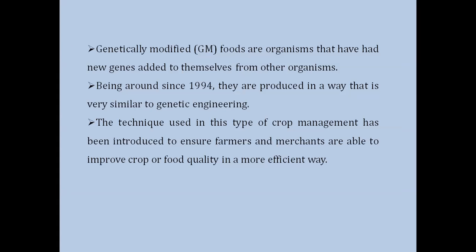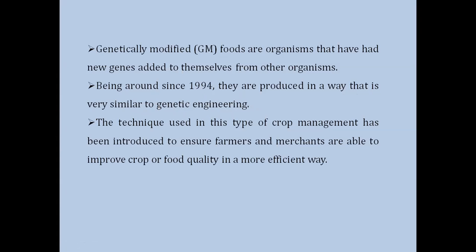GM foods are organisms that have new genes added to themselves from another organism. This is achieved through recombinant DNA technology and transformation. Being around since 1994, they are produced in a way that is very similar to genetic engineering. This genetic engineering is nothing but recombinant DNA technology and transformation.